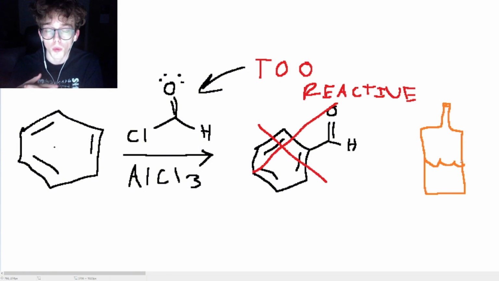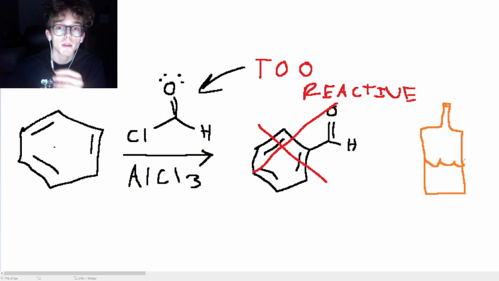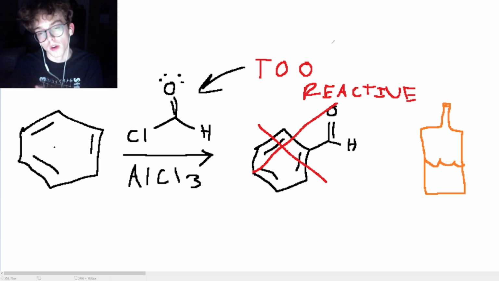It's been there for a while. The problem is that by the time it gets from Sigma Aldrich to me, all of it's decomposed into a bunch of side products that's not formyl chloride and is not going to react with benzene most likely.